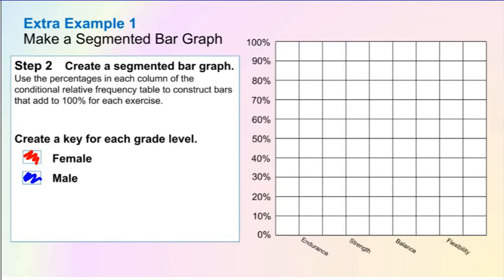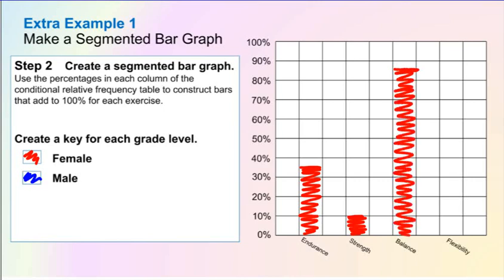So female endurance was 35%. 35% would be here. For strength, we had 10%. For balance, we had 85%. And flexibility, we had 95%.